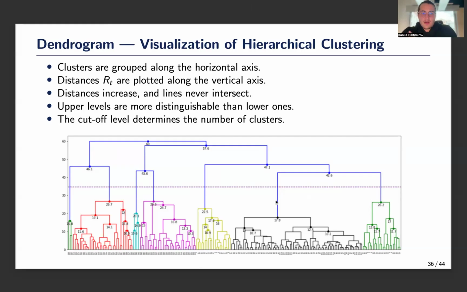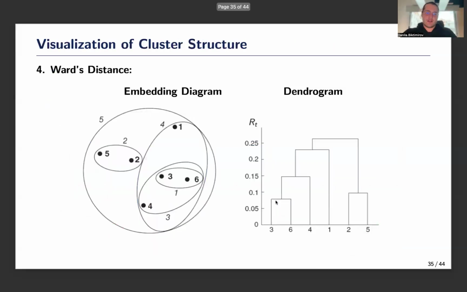Dendrogram. Their monotonic property allows us to represent the clustering process, as we've seen before on the previous slides, as a special type of graph called a dendrogram. On the vertical axis, objects are plotted, and here are their distances.